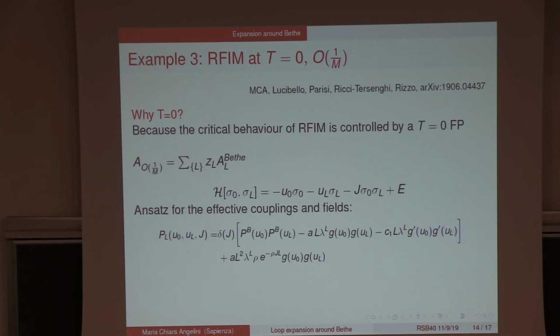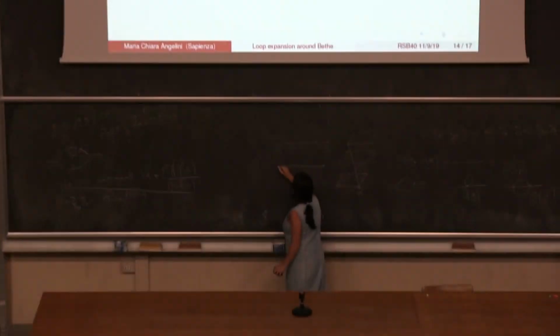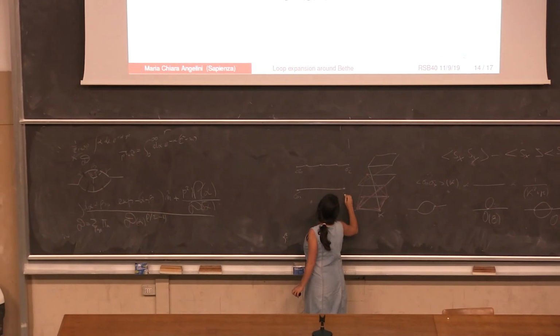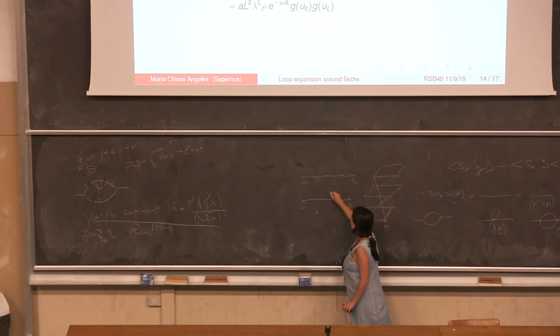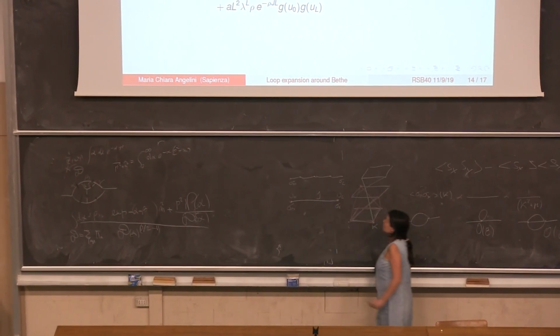Okay, so I put again this formula, how to compute this A_L on a Bethe lattice. We just realized that if you want to compute an observable on a line on a Bethe lattice, and then you have this sigma 0 and this sigma L, you can write this as just a Hamiltonian made of one single coupling, J, and two effective fields, U0 and UL, on the two spins.